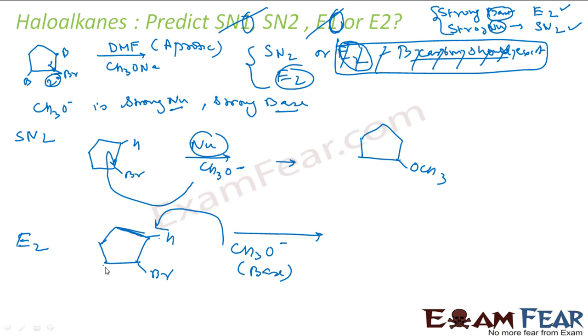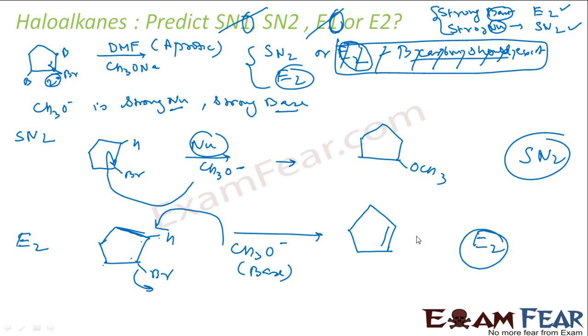I took this; I can take the other also, you will get the same product. It will attack this hydrogen, forming a slightly negative charge, and then Br minus will be kicked out. This carbon gets a positive charge, the other a negative charge, and they form a bond. So what you will get is this, all in one step. So this will be my E2 reaction and this will be my SN2.